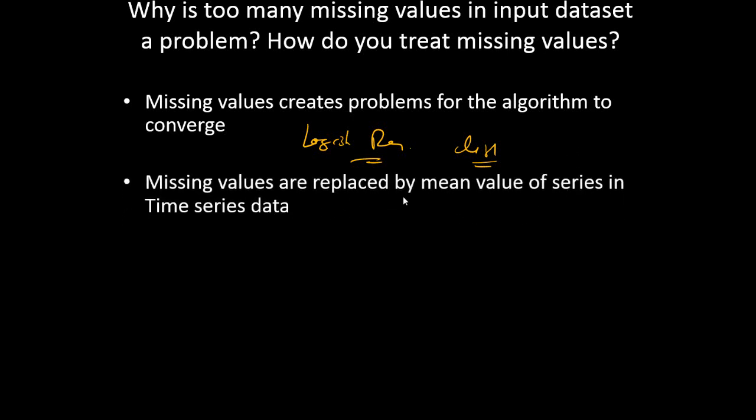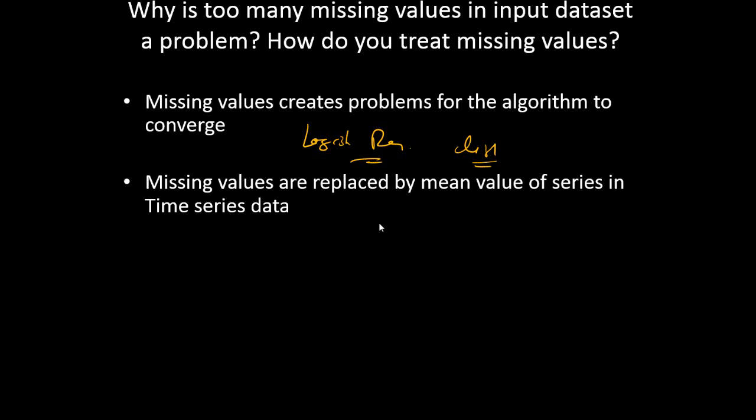So missing values are replaced by mean values of the series in time series data. Replacing missing values in time series data is a lot easier than in other forms of data like cross-section data. In time series data, if one of your values is missing, you just take the previous value.